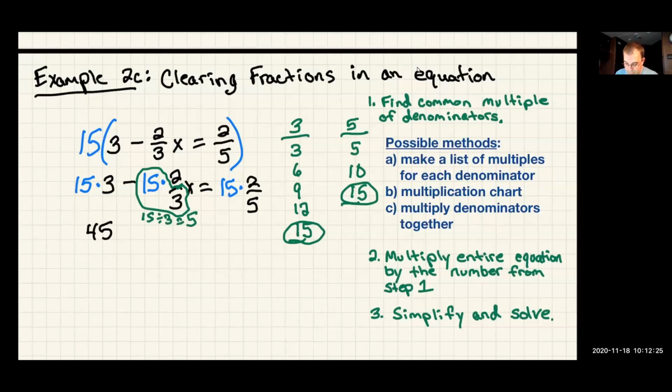So I'm going to go ahead and bring down the subtraction sign. This 15 and divided by 3 are all gone, but they're going to be replaced by that 5. I can't forget that I still have my 2 there, so times that 2 and the x that is there. And then we're going to do the same idea over here. We're going to get rid of this divided by 5. So 15 divided by 5 is what I'm doing.